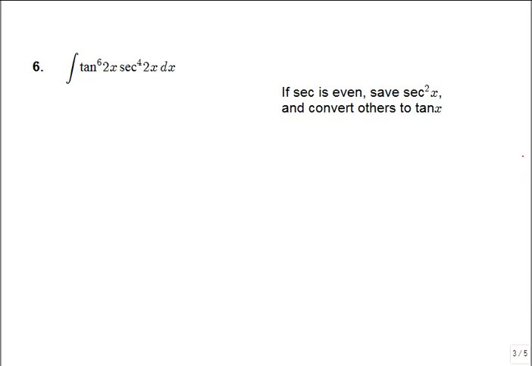Well, if you have an even power of secant, you're going to save a secant squared, because that is the derivative of your tangent. So we're going to think of that secant squared as our g prime.